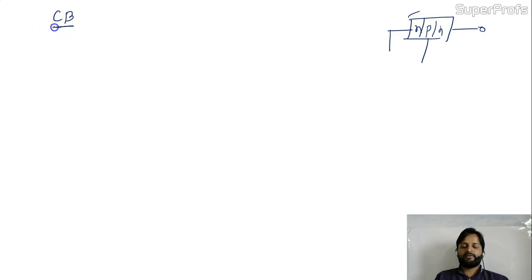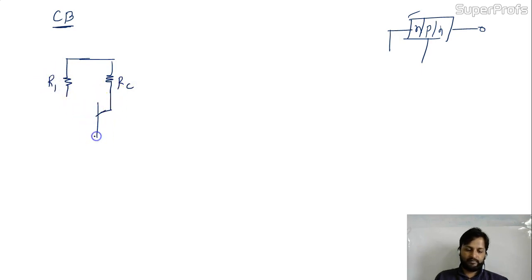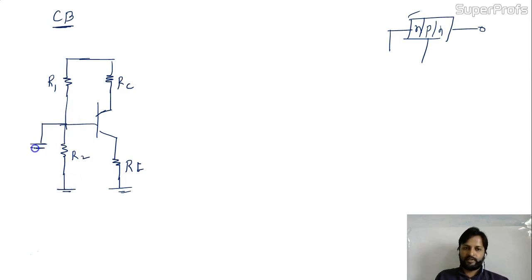But here I'll show the circuit. For the common base, the circuit will be: here it is RC, here it is R1, and this is RE over here, R2, and a capacitor.